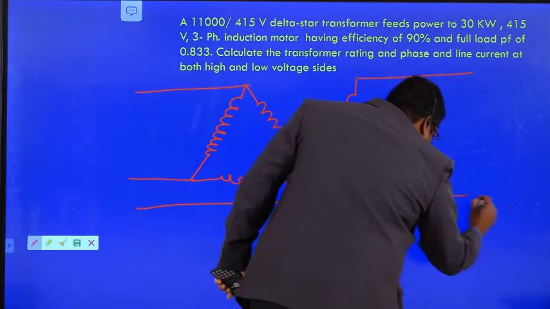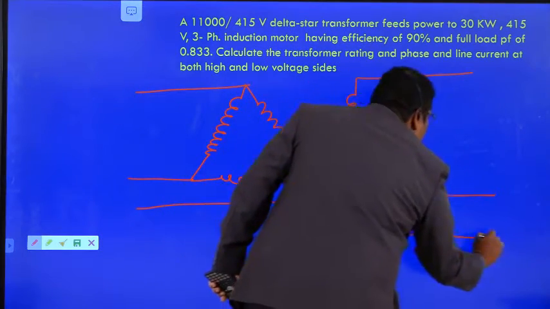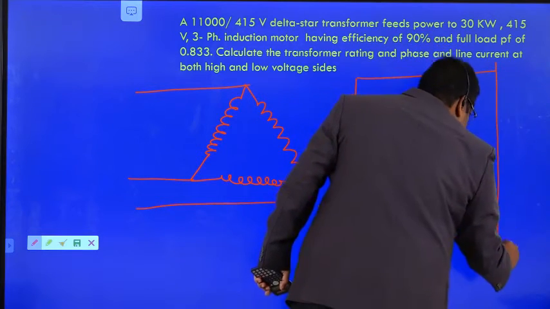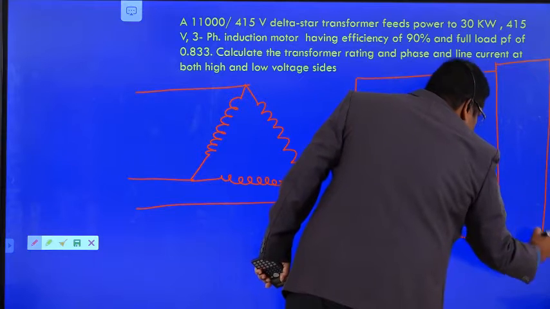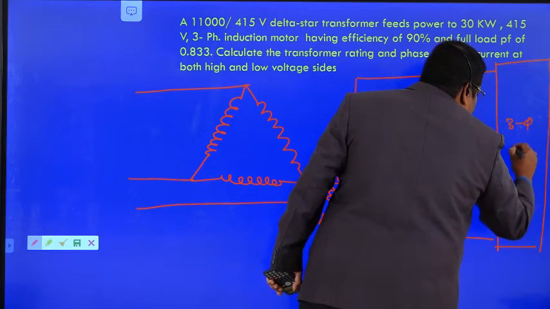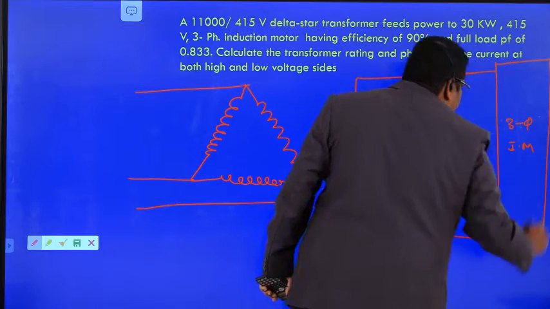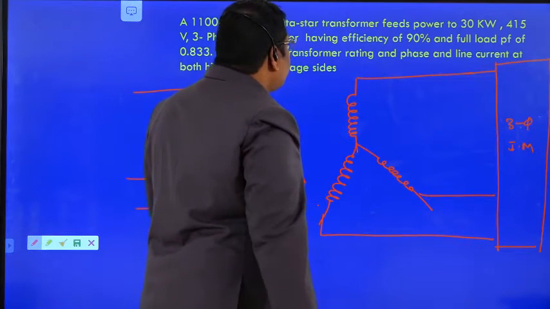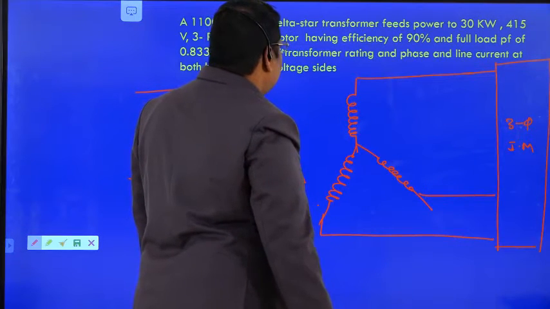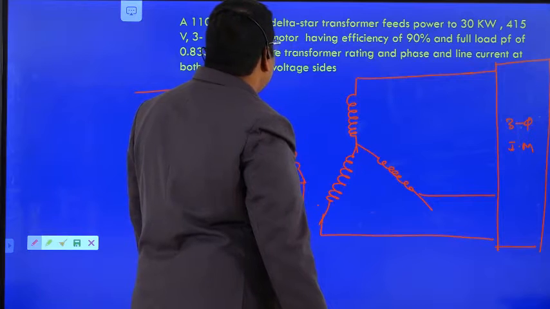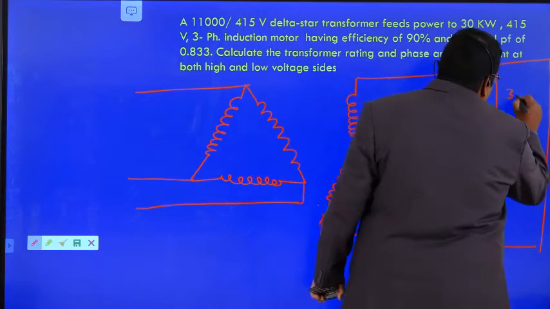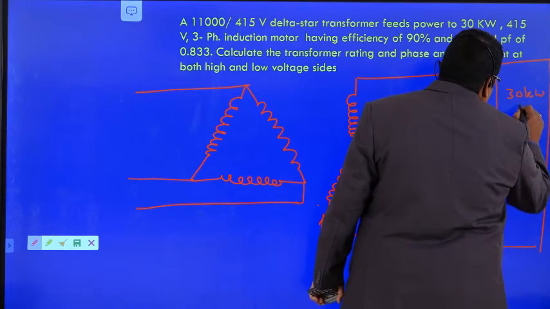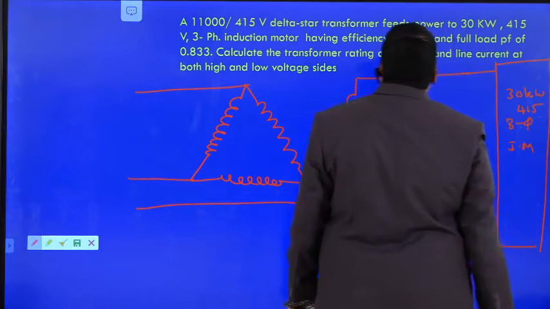It is feeding power to the induction motor. This is the 3-phase induction motor. The induction motor rating is given, 30 kilowatt at 415 volts.